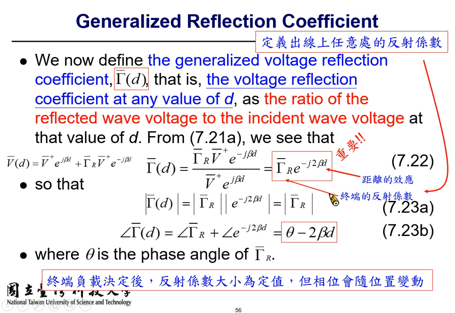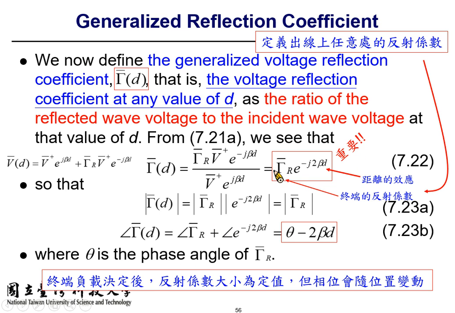So it's a round trip effect. D is the length, the distance from the observation point to the end of the transmission line. And you have a 2 over here to account for the round trip effect.